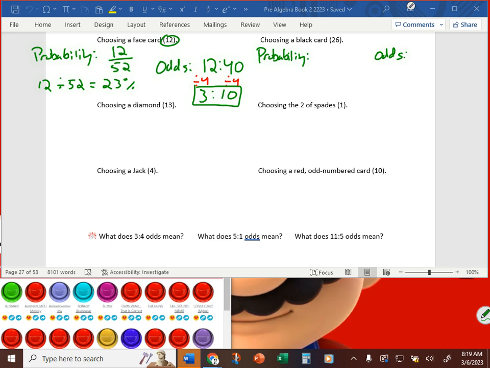Probability, successful over possible. Odds, successful to unsuccessful.